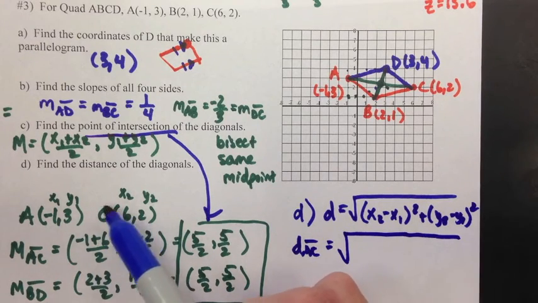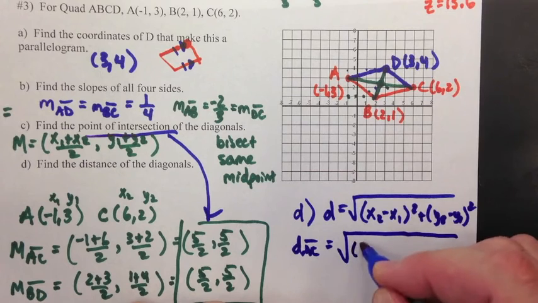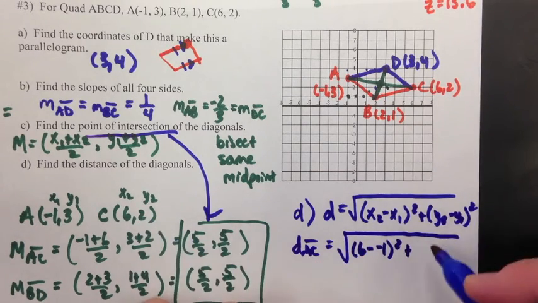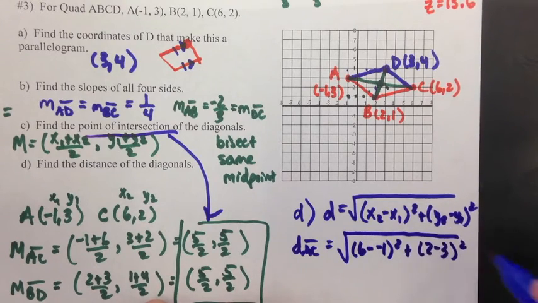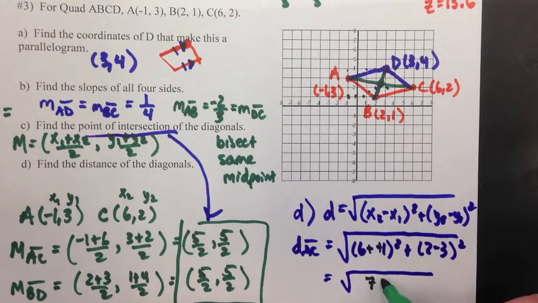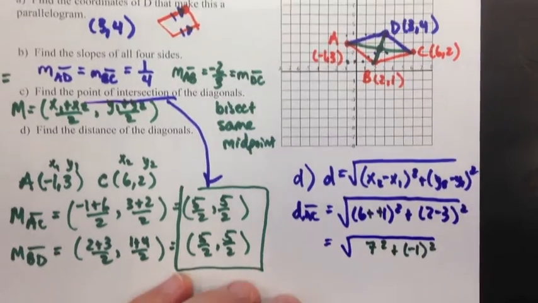Now I'm going to do 6 minus negative 1 squared plus, subtract the y's, 2 minus 3 squared. Minus a minus is positive. So this is 6 plus 1, which is 7 squared. And 2 minus 3 is negative 1 squared.